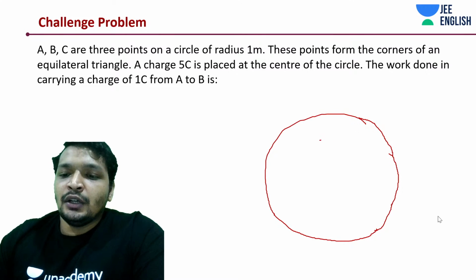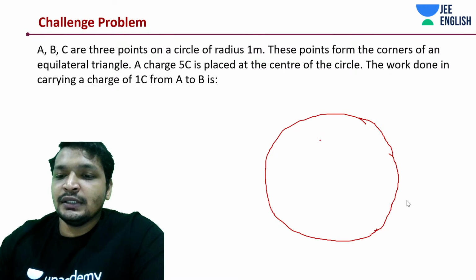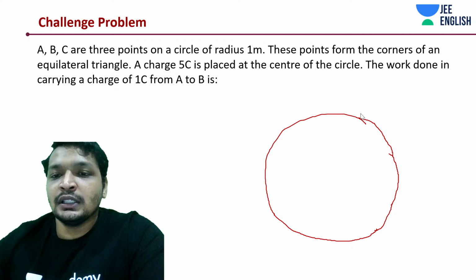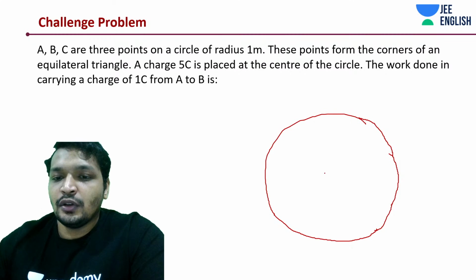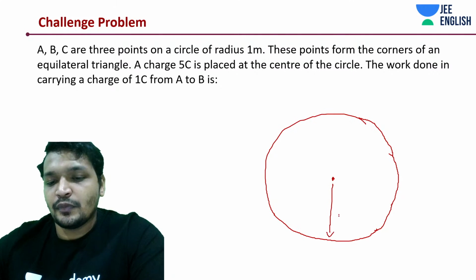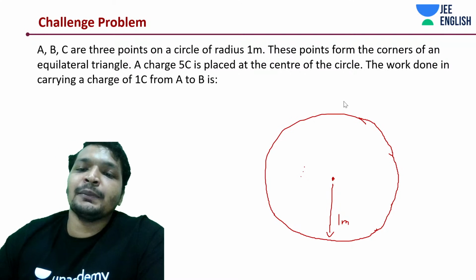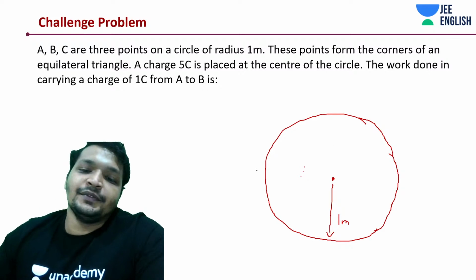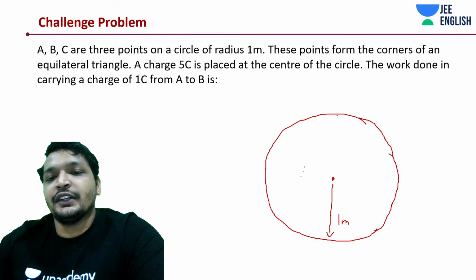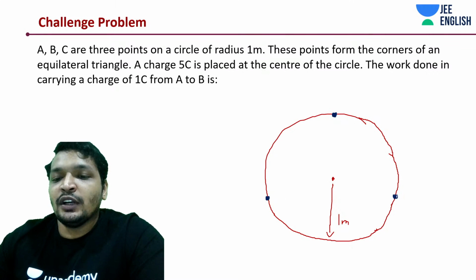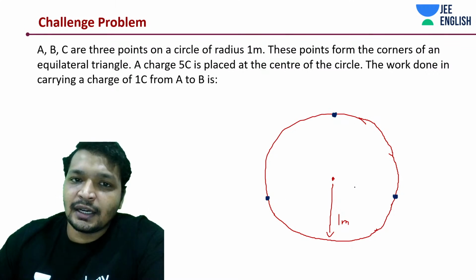Okay, now the circle has 3 points. This is a circle. First of all, the circle has a radius of 1 meter, and the circle has 3 points. Very good, Cheshwara. So there are 3 points, and these 3 points form the what? The sides of an equilateral triangle.